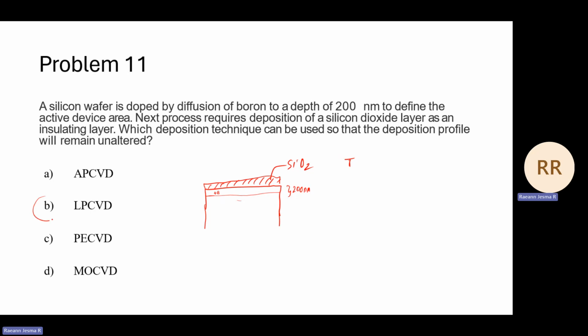Yes, low pressure CVD, because that is the one that will have no, it's not low pressure CVD. In low pressure CVD, you need to have uniform temperature, so the temperature will be high. If your temperature is very high, then there will be more diffusion of the boron. It can diffuse deeper, so your doping profile will change. This means you cannot go beyond a particular temperature. You have to maintain as low a temperature as possible.